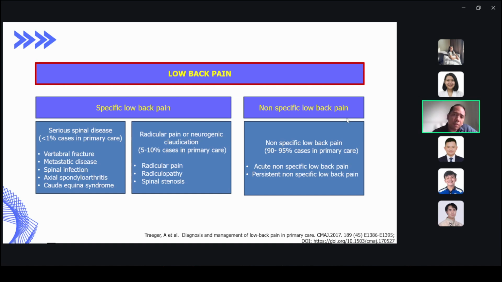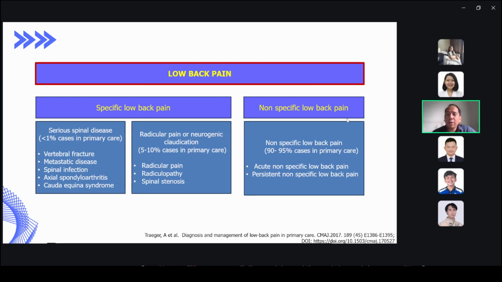Specific, or mas sakto siya kung unsa man yung cause, meaning if ma-distinguish mo or ma-pinpoint mo ano yung cause, because yung specific low back pain pertains to back pain na merong etiology, no? Like serious spinal disease, wherein mga less than 1% lang of cases in the primary care: vertebral fracture, metastatic disease, spinal infection, axial spondyloarthritis, or the Cauda Equina syndrome.